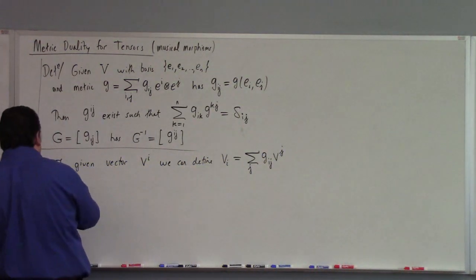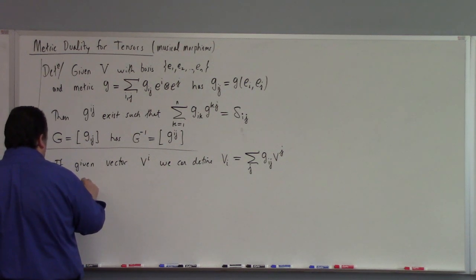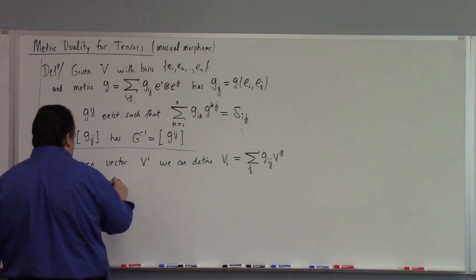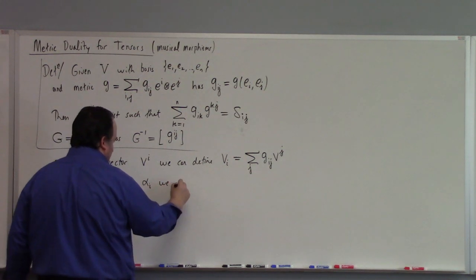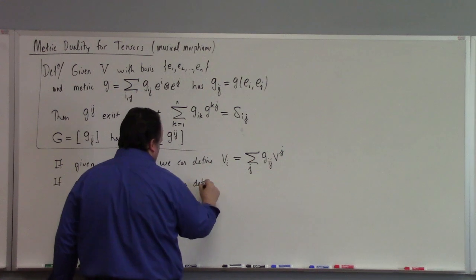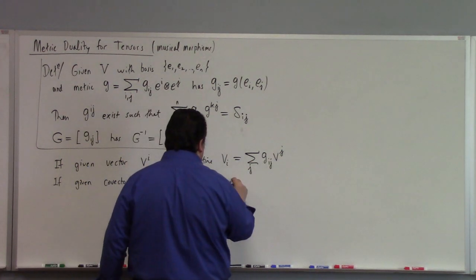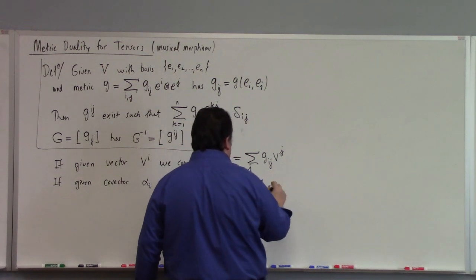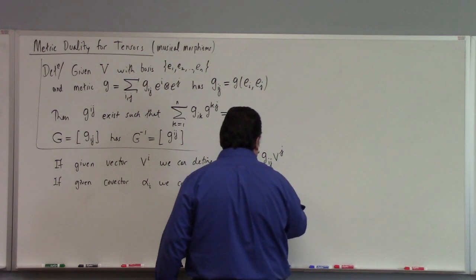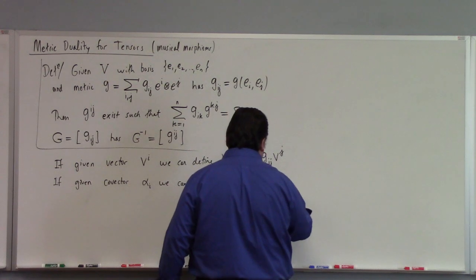And likewise, if given a covector alpha sub i, we can define alpha upper i to be the sum over j of G upper ij alpha lower j.